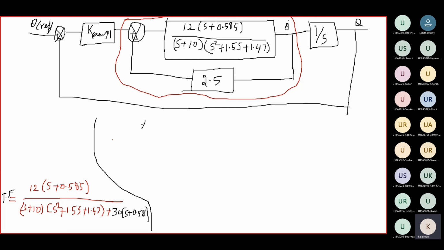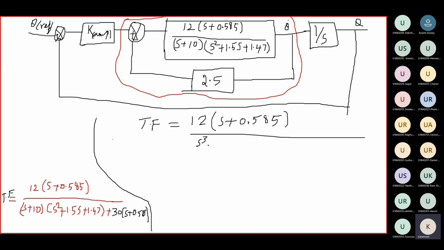So what is the transfer function for your inner loop? The transfer function is 12 times S plus 0.585, divided by, if you multiply S plus 10 into S square plus 1.5S plus 1.47: S into S square will get S cube, then plus 1.5 S square, then plus 1.47S.